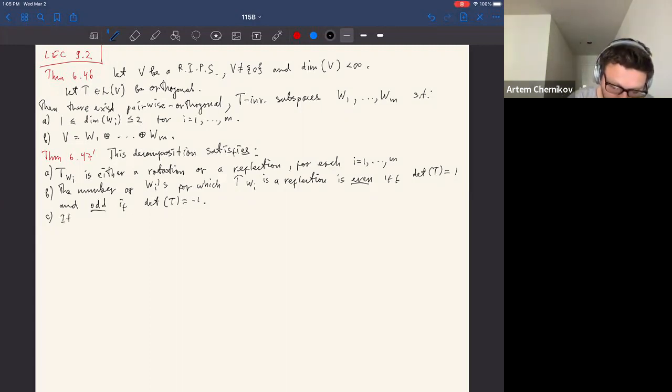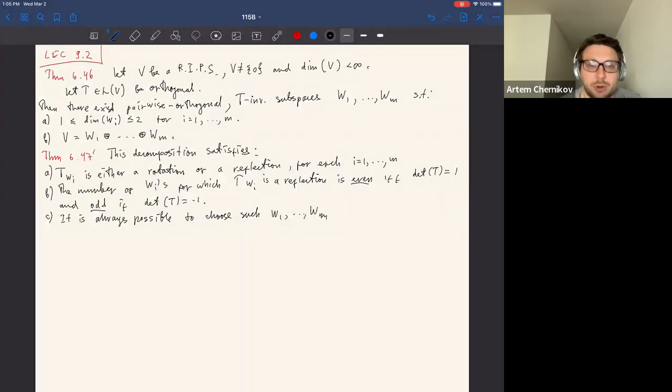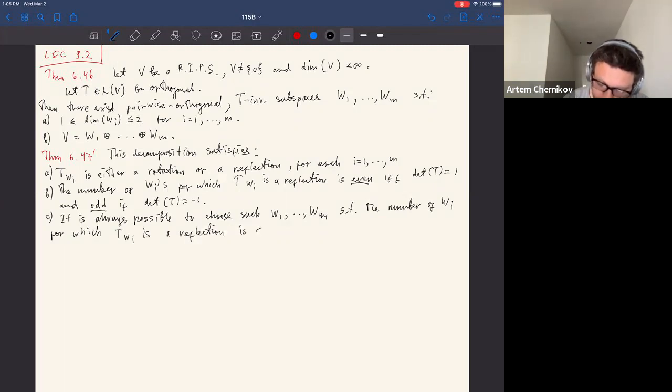So it is always possible to choose such W1 through Wm, T invariant subspaces of V whose direct sum is all of V, so subspaces satisfying all of these previous requirements, such that moreover the number of these subspaces Wi for which the restriction of T to Wi is a reflection is 0 or 1.